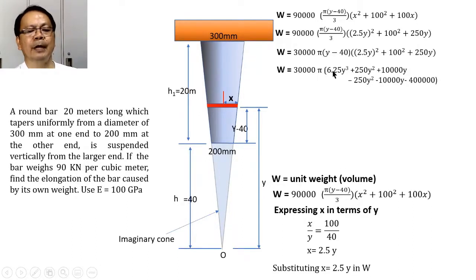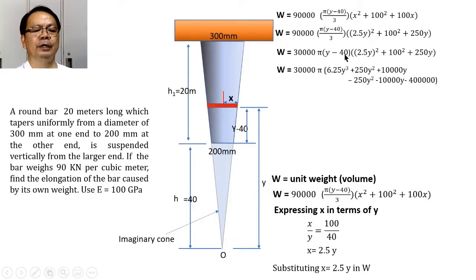Then unahin ko lamang itong 250y multiplied by y is 250y squared. Then plus 100 squared is 10,000 multiplied by y is 10,000y. If negative 40 shall also be distributed to the individual terms of the second factor, ano? So I will have here 40 times 2.5 squared, which is equal to negative 250y squared.